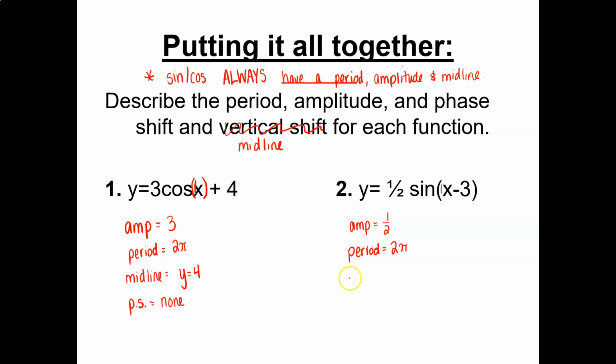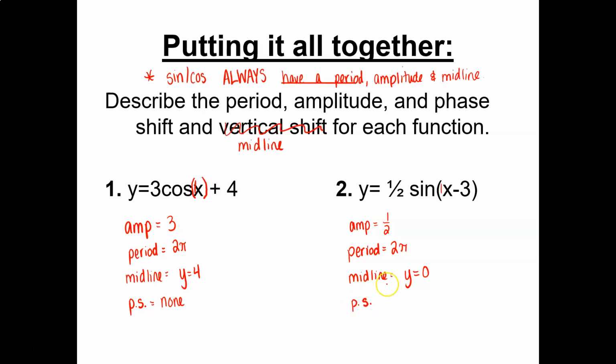All right. Let's see. Mia, what's the midline? Okay. It normally is just the x-axis, which is 0. So we'll have y equals 0, because this one has not been shifted anywhere.